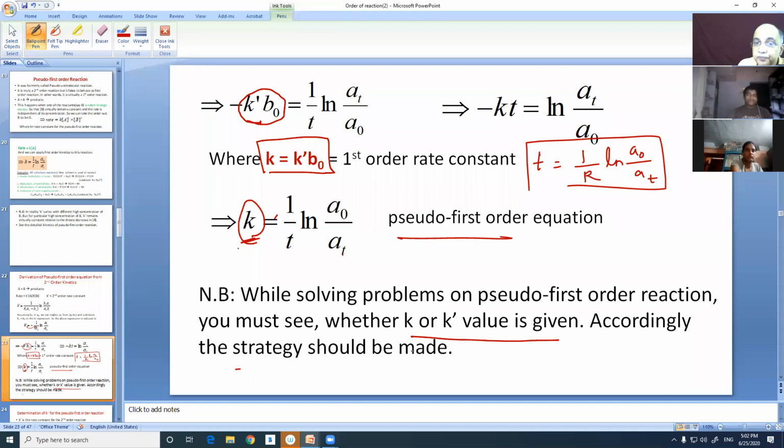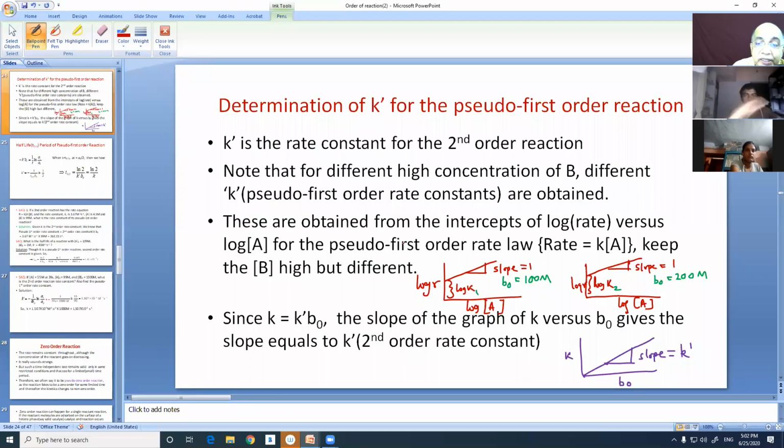For example, how to determine this K prime? K prime is the rate constant for the second order reaction. Note that for different high concentrations of B, different first order rate constants K are obtained.